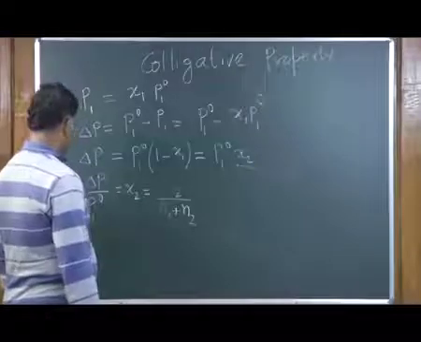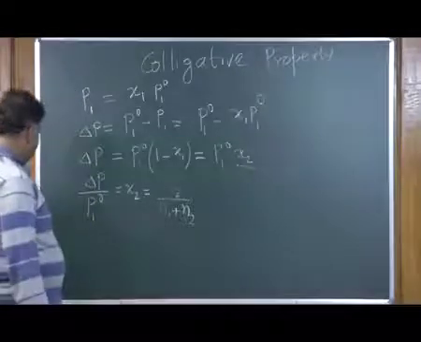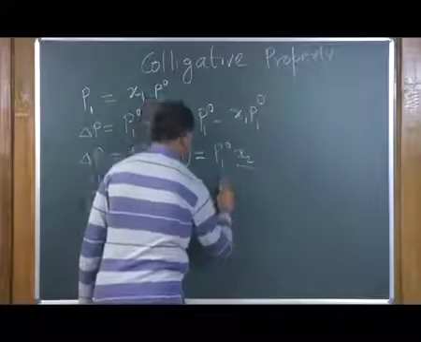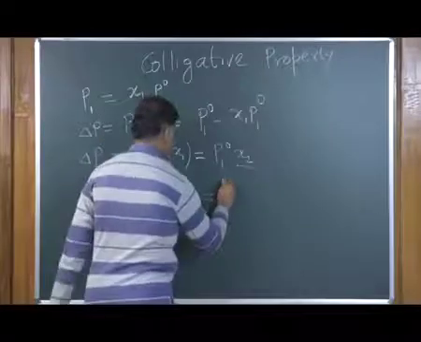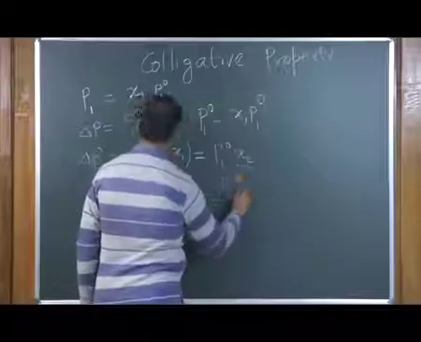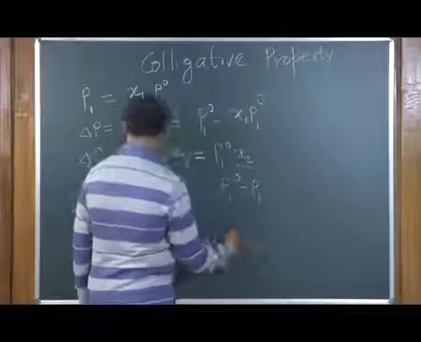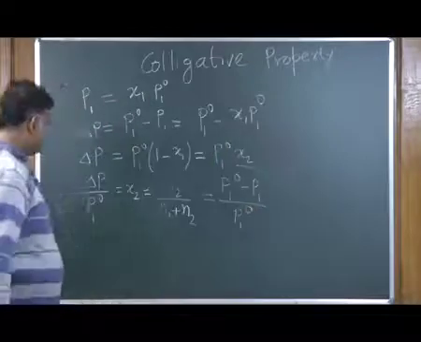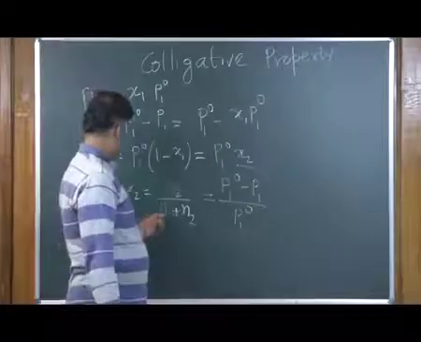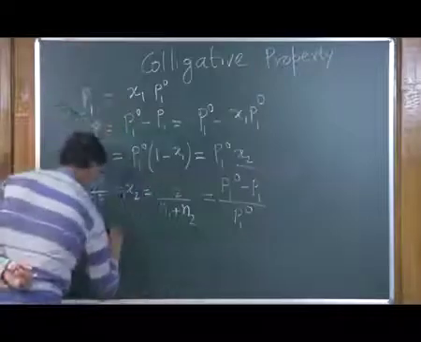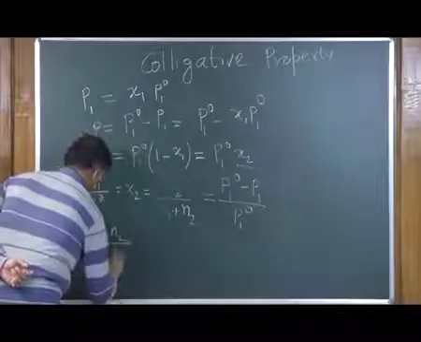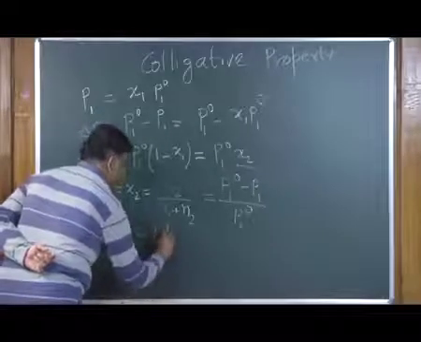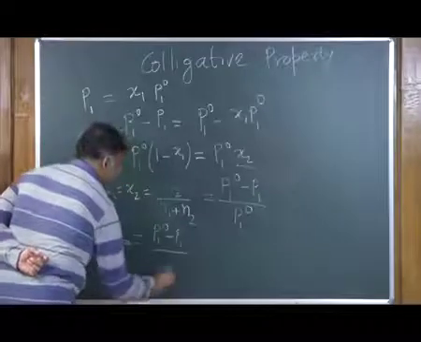And then, subtracting, delta P we can also write as P1⁰ minus P1 divided by P1⁰, and subtracting the numerator from the denominator, we are going to get N2 divided by N1 equal to P1⁰ minus P1 divided by P1.